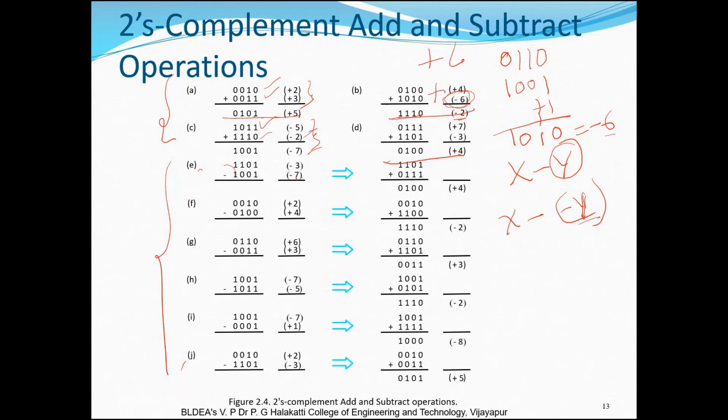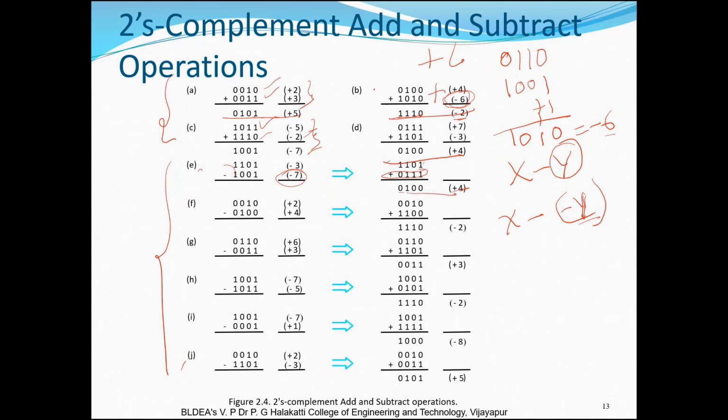Minus 7's 2's complement I have to take. If I take minus 7's 2's complement, you will get plus 7, which is 0111. Minus 3's value is 1101, to which I am going to add the 2's complement of minus 7, which is nothing but plus 7, and we just perform addition.